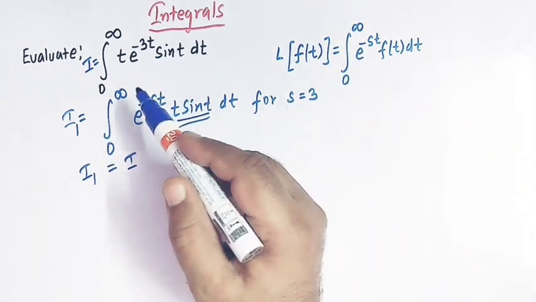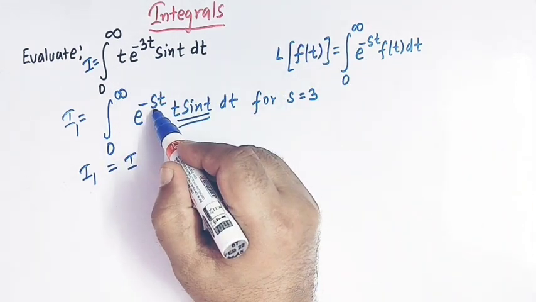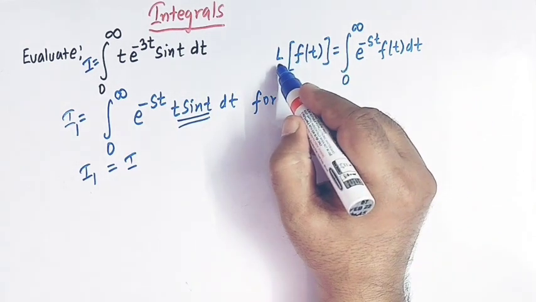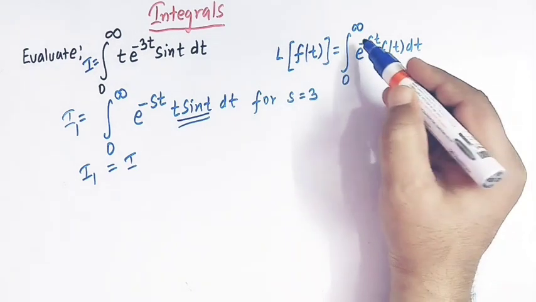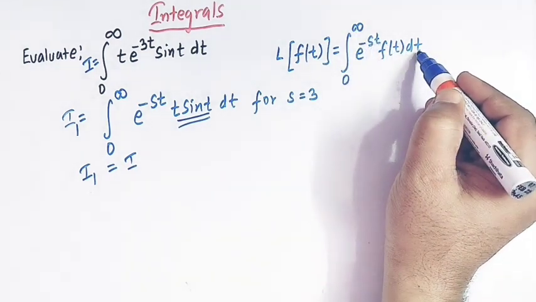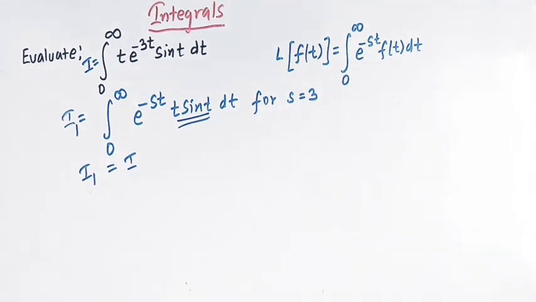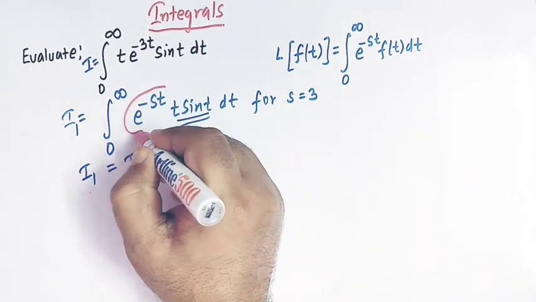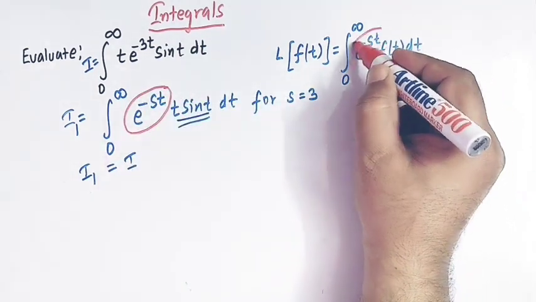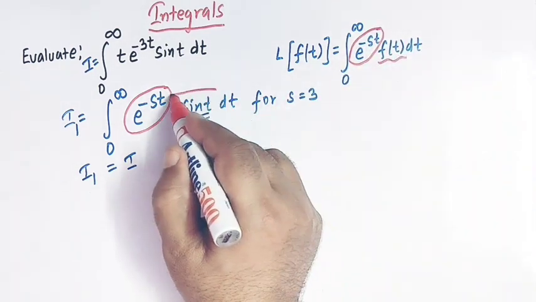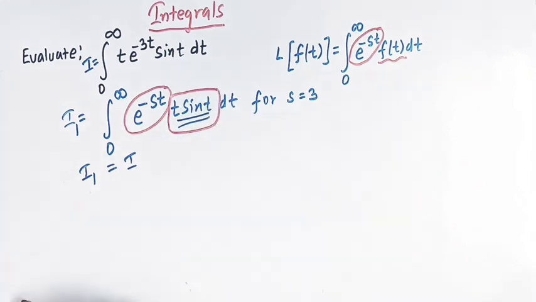So why have we introduced this parameter s? Because see, the definition of Laplace transform of f of t goes like this: 0 to infinity e raised to minus st f of t dt, right? So now if we compare this integral with this one, then see here we have e raised to minus st, right? And for f of t we can write this function, right?